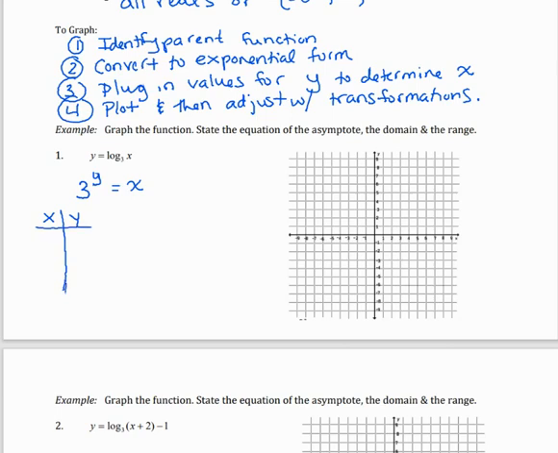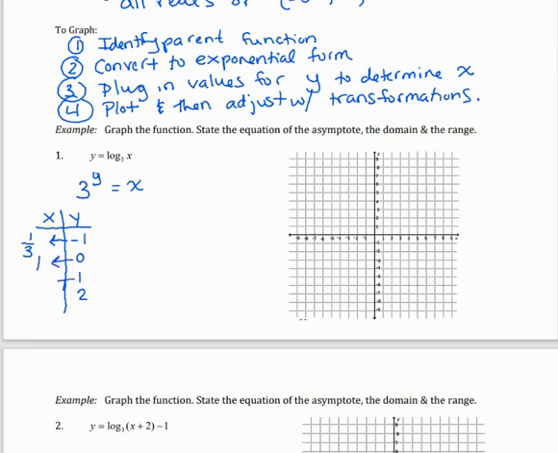But I'm going to plug in for y. Since there's no transformations here, I'm just going to plug in my go-to ones: -1, 0, 1, and 2. When I plug in -1 for y, that's going to give me 3 to the -1, which is 1/3. When I plug in 0, 3 to the 0 is 1.